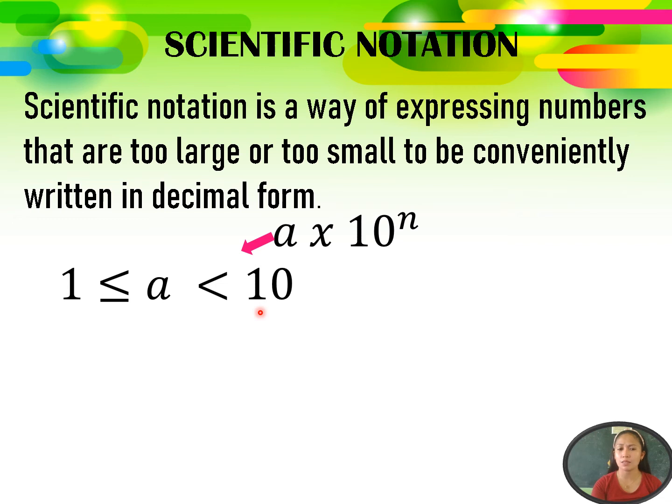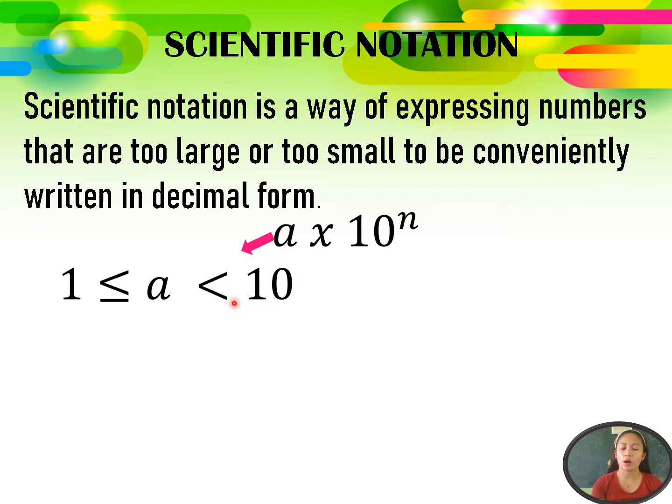What does it mean? When we talk about A, it should be greater than or equal to 1. So meaning your values could be 1 or more, but it should be less than 10. So your values could be 1, 2, 3, 4, 5, 6, 7, 8, and 9, or numbers between those numbers, but always remember it should not be equal to 10 or more.